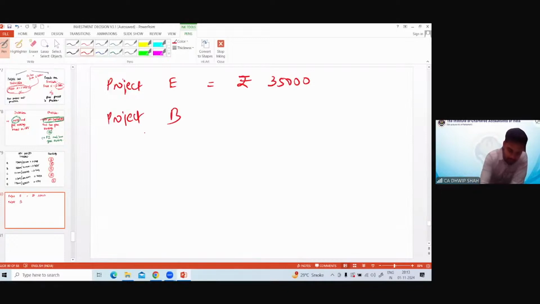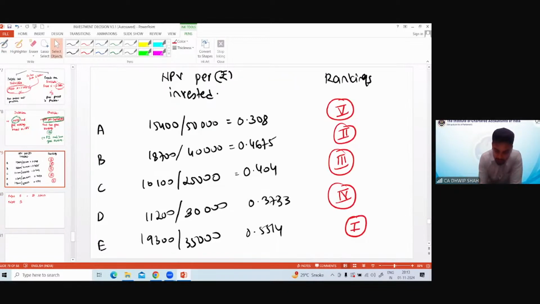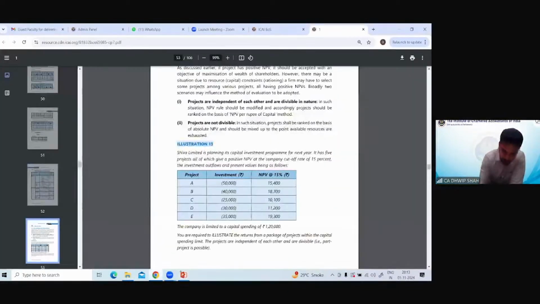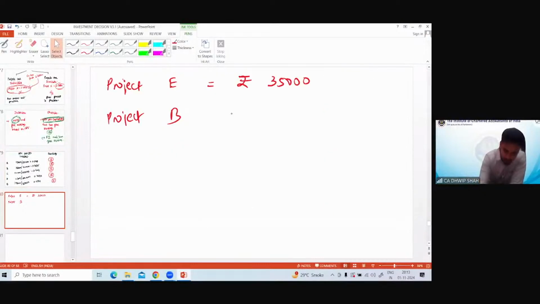And project B is available for 40,000. I can again take the entire project B because I have sufficient funds of 1,20,000.